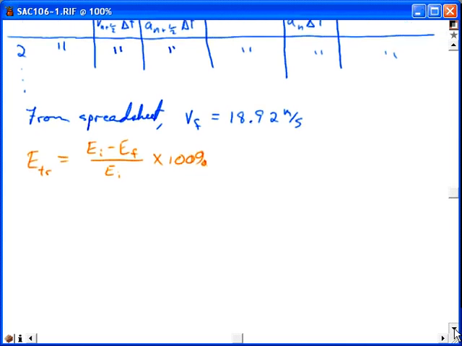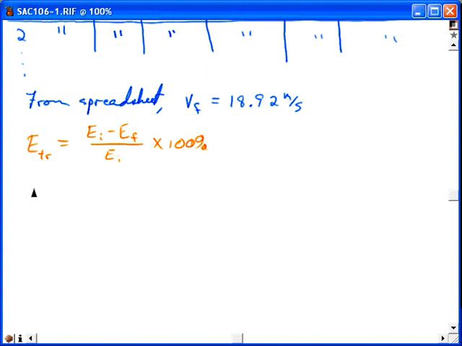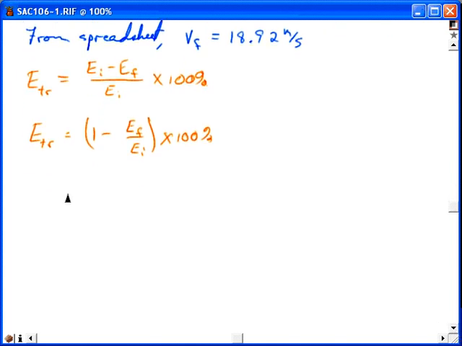And I think I'll go ahead and divide that into each of the terms and get E transferred is (1 minus EF over EI), all times 100%. So now I just have to write down what EF and EI are.